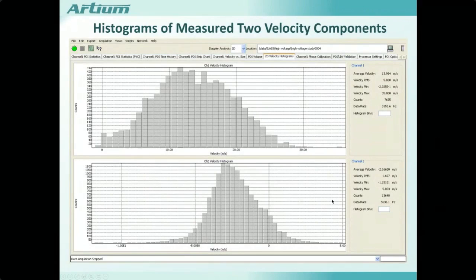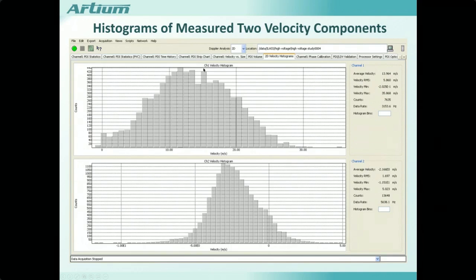The LDV system measures individual particles at a very high rate. In this case, we had a 3,000 particle per second range. Typically, we can get to tens of thousands of readings per second, and those measurements help us generate a histogram of the velocity distribution.